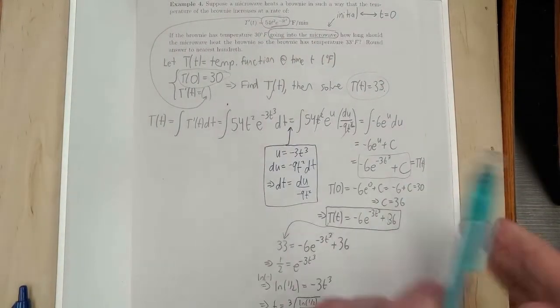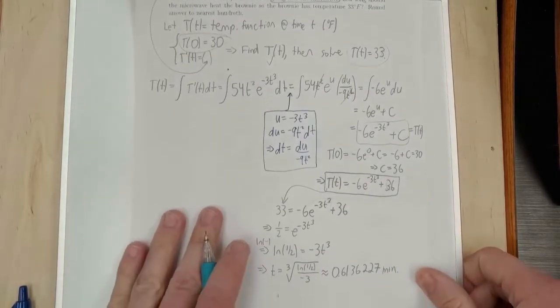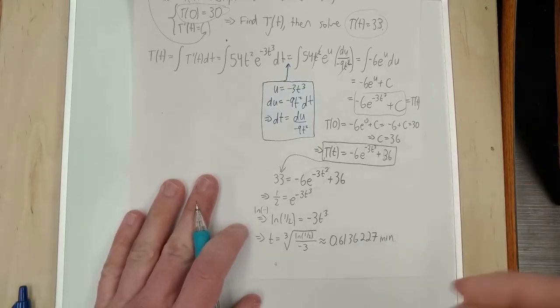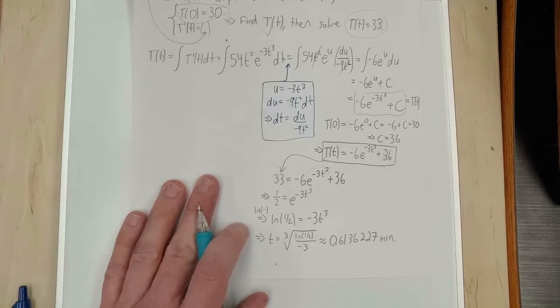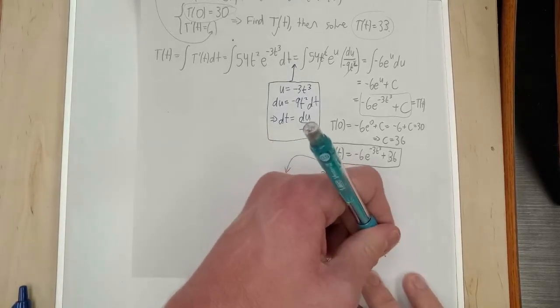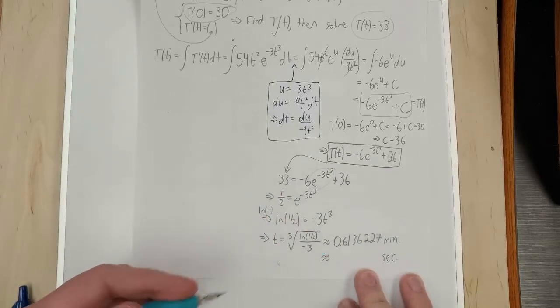So that gives us minutes, but there's a possibility that the problem could be asking for the final answer in seconds. In that event, what would we have to do with this answer to convert it into seconds?